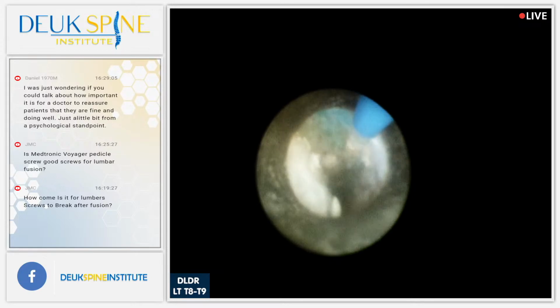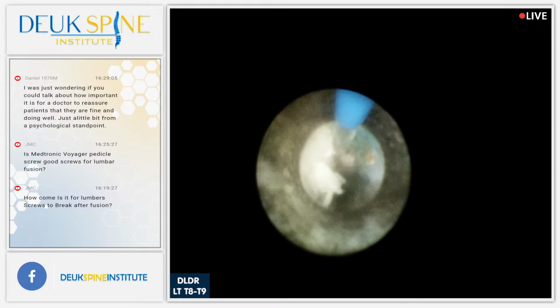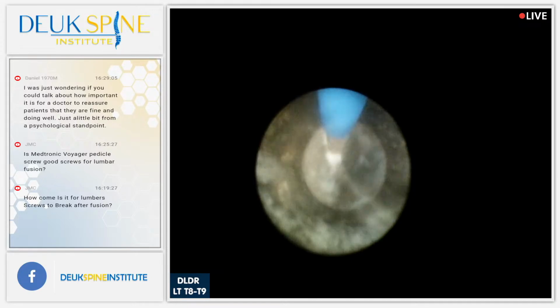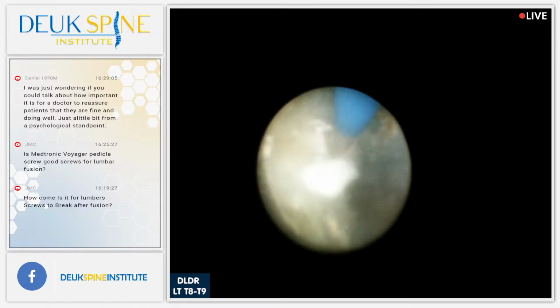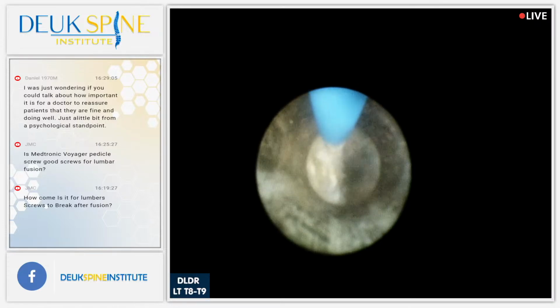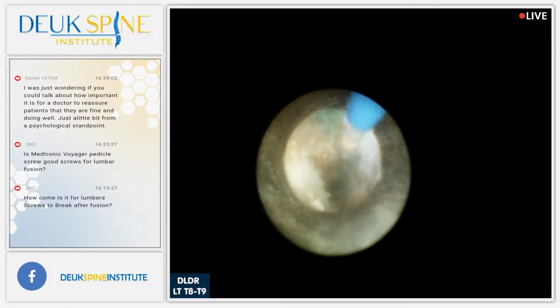I'm surprised how much herniation there was. That's a piece of herniation right there. It's calcified, but nonetheless, done. This should heal nicely. I think he's going to do great.